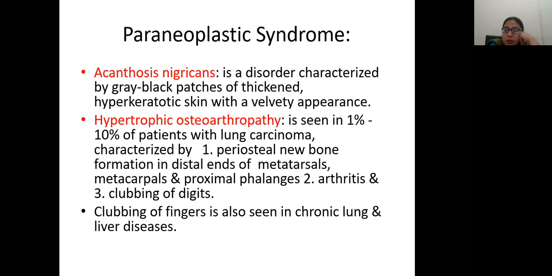Clear? Hypertrophic osteoarthropathy is seen in 1 to 10% of patients with lung carcinoma. ठीक है बेटा, the example of hypertrophic osteoarthropathy is lung carcinoma, characterized by periosteal new bone formation in the distal ends of metatarsals, metacarpals, and proximal phalanges, arthritis, and clubbing of the digits.